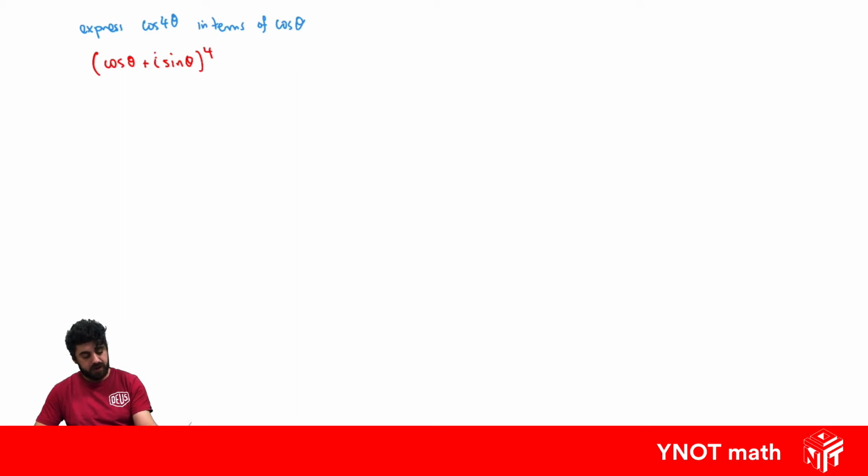Because if we simplify this, this is going to give us cos 4 theta plus i sine 4 theta. And this equals our cos theta plus i sine theta to the 4. Now, we want to express cos 4 theta in terms of cos theta.